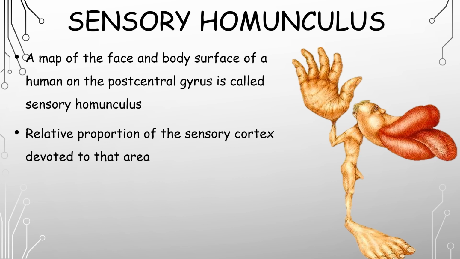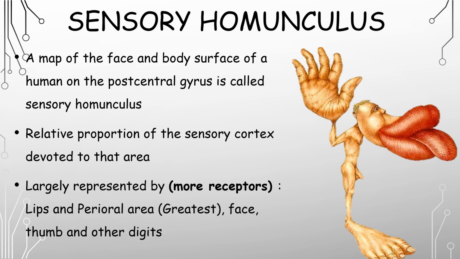Now, the relative proportion of the sensory cortex devoted to each area: largely it is represented by the lips and perioral area, which plays a major part. Here you can see the face, thumb, and the other digits, which have more receptors or more representation, right?